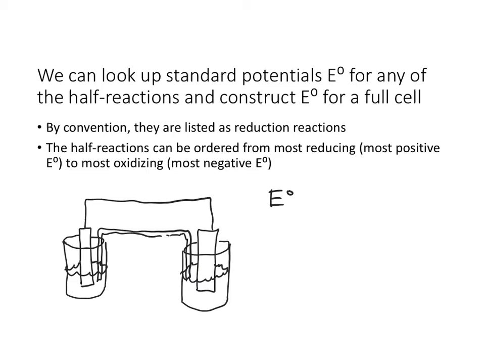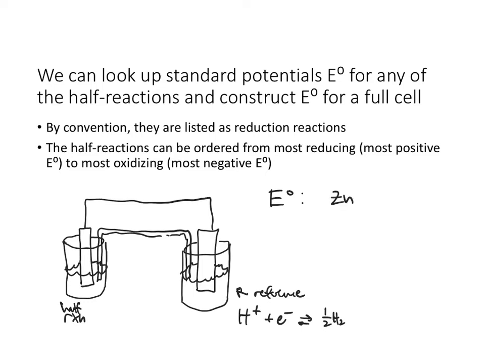And what those mean is that if the half reaction was put into one of these compartments, and then the reference reaction was put into the other compartment, which, remember, is going to be H plus plus e minus in equilibrium with 1/2 H2, then this E0 would be the potential that would be imposed by the other reaction. Okay?